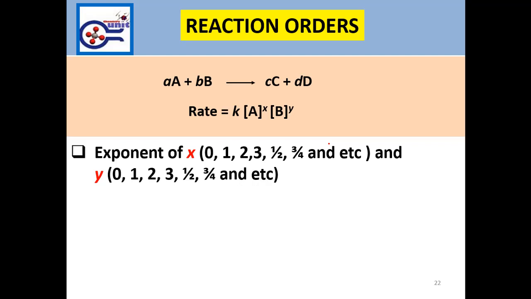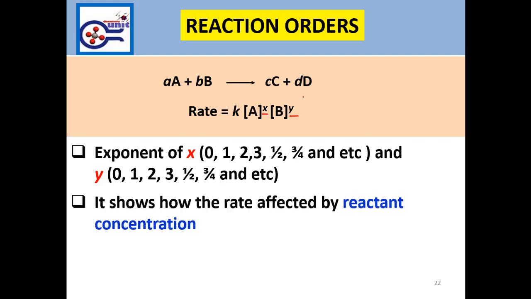So the order of reaction, yang nilai X dengan Y ni, it can be either whole number boleh, and it can be fraction pun boleh, nombor bulat boleh, pecahan pun boleh. Contohnya kalau nilai X adalah 0, maksudnya dia adalah zero order with respect to A. Kalau katakan nilai Y tu sama dengan 1, kita cakap dia adalah first order with respect to B. Nanti kita akan tengok lagi.